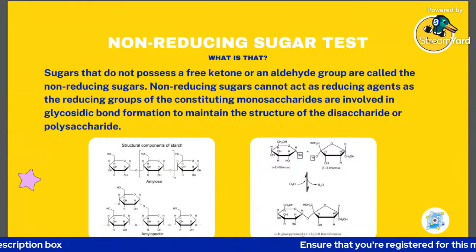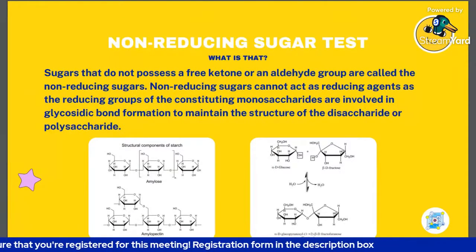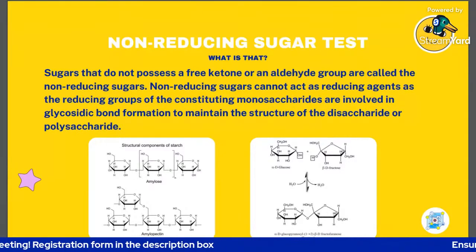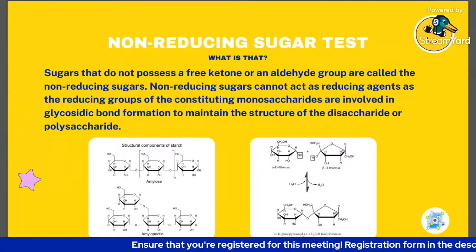So what we find is that the non-reducing sugars can't act as reducing agents, seeing that the reducing groups of the monosaccharides that make up these sugars are involved in the formation of glycosidic bonds to maintain the structure of the disaccharide or the polysaccharide.